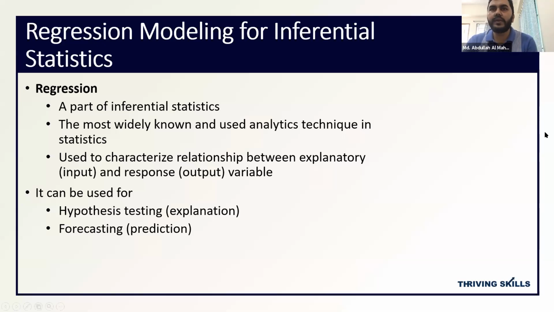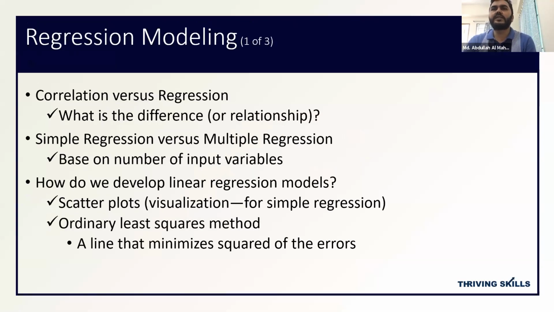Then we have correlations versus regressions. In the case of correlations, you are showing whether your data is highly positive or not. In correlation we have three values: +1, -1, and 0. +1 means a highly positive relationship.